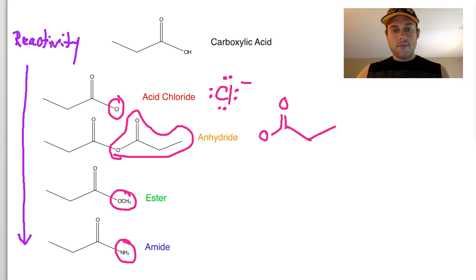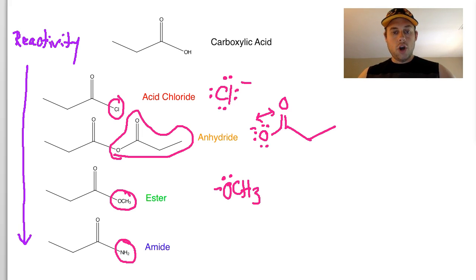Anytime we have resonance, we have the ability to delocalize these charges over more than one spot. And so the ability to move that charge between these two oxygens is crucial here, making the anhydride a pretty good leaving group. And then we get into the alkoxide, which is the OCH3- or whatever OR group you might have for your ester. This is starting to get a bit stronger.